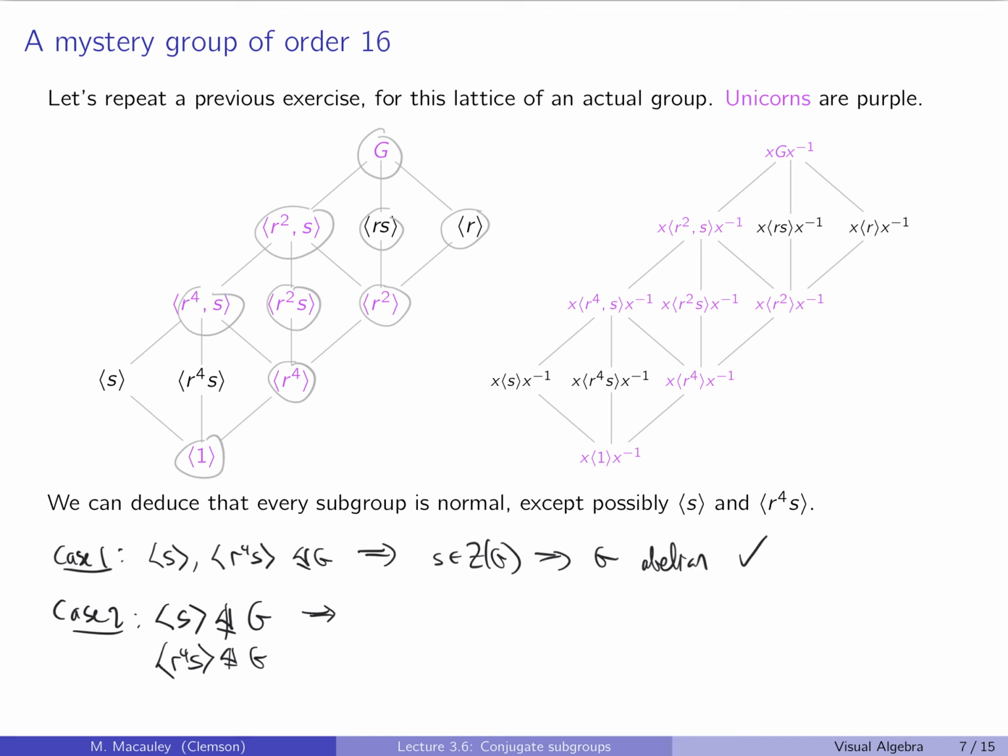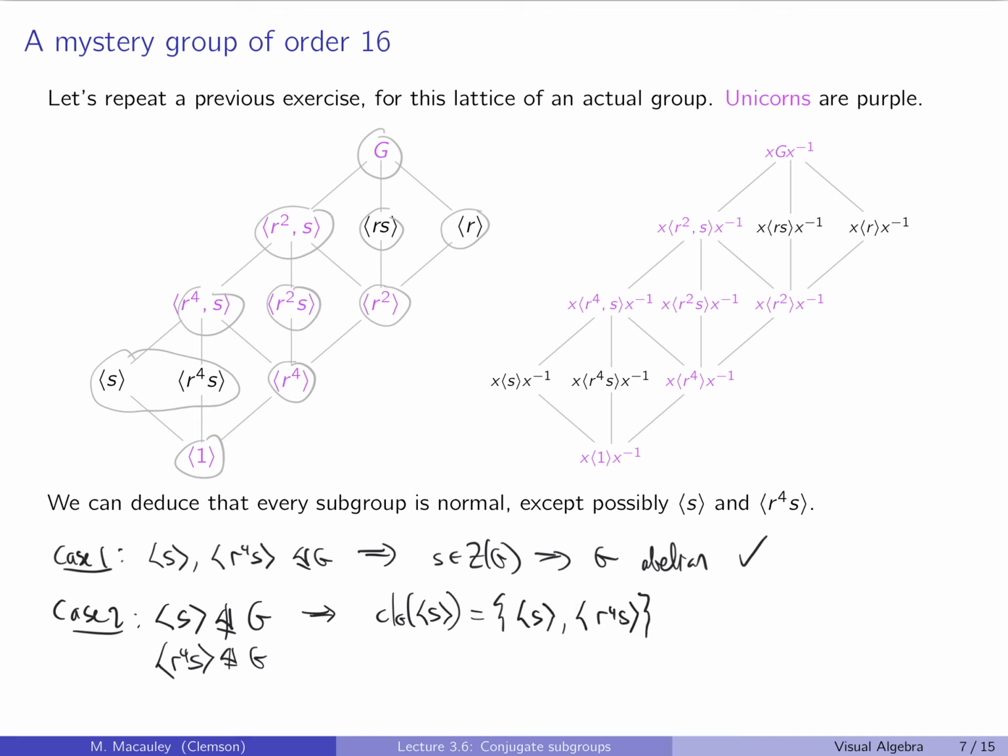Well, because if the subgroup generated by S is not normal, that means it must be in a size 2 conjugacy class. And there's only one other one unaccounted for, so these things have to be conjugate. So that means that the conjugacy class of G containing the subgroup generated by S has size 2. It's just the subgroup generated by S and the subgroup generated by R to the 4th S.